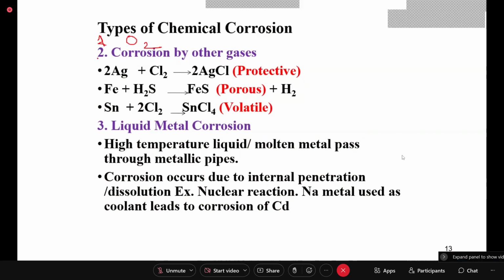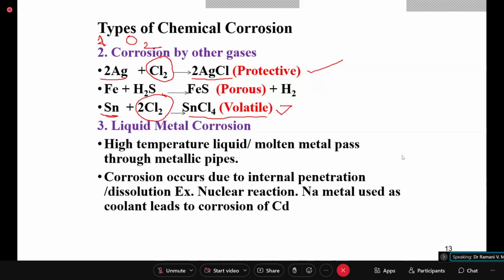The second one is if you are having certain halogens. Halogen over silver leads to formation of AgCl, which is very coherent, non-porous, and hence protective in nature. But the same halogen, like chlorine, on tin leads to formation of SnCl4. Now, this SnCl4 is a volatile compound and hence it is not leading to protection at all.